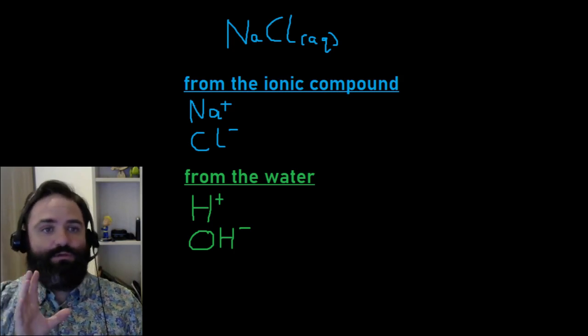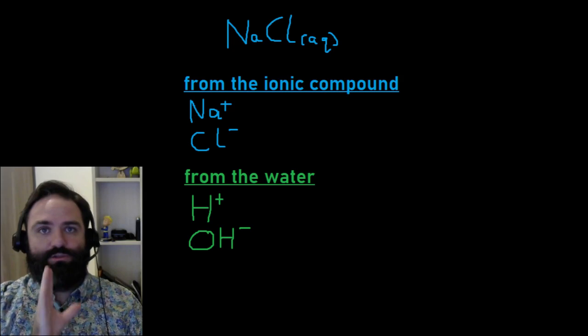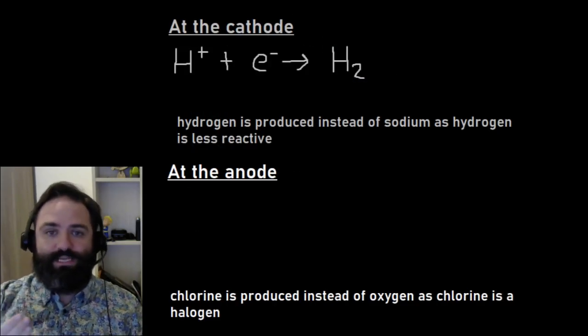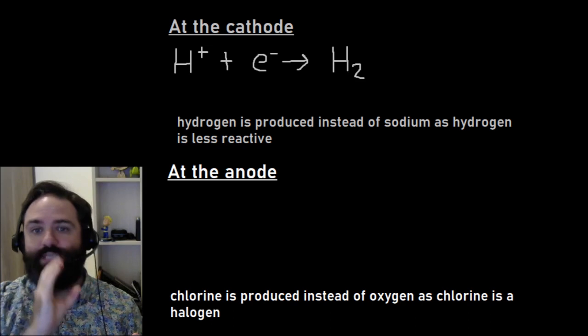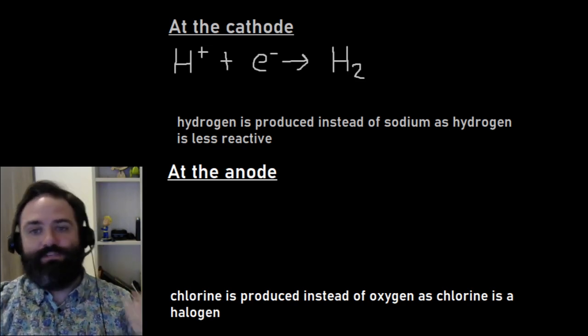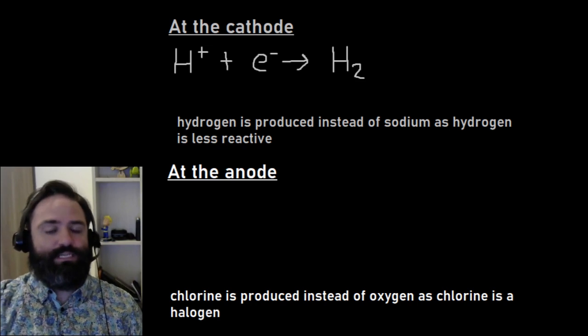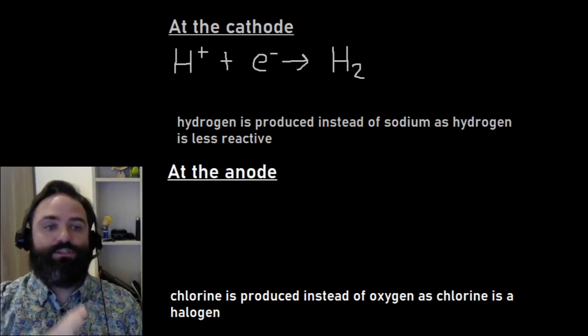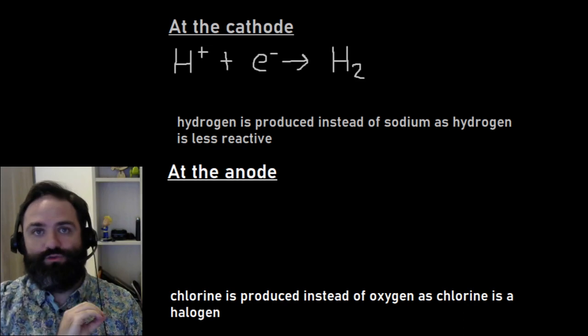At the cathode, positive cations will be attracted there. So we have to decide which one is produced. The positive cations here are the Na+ and the H+. Remember our rules, hydrogen is less reactive, so we will get hydrogen. So let's take a look at how to make the half equation. Hydrogen is positive, H+, so we add an electron to make it neutral.